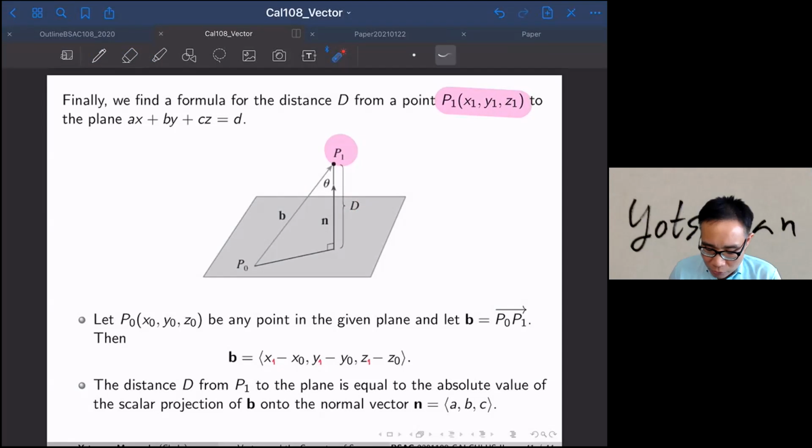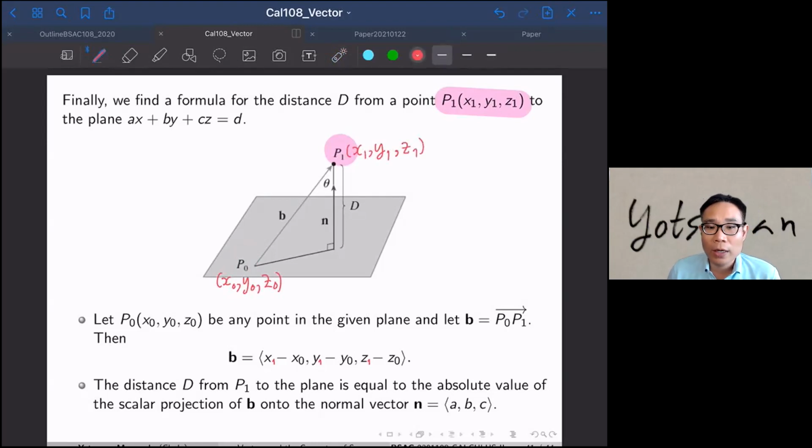In order to determine this distance, you see that you have one point on the plane called P0. This point is on the plane, and it has the triple x0, y0, z0. And you have P1, which is x1, y1, and z1.